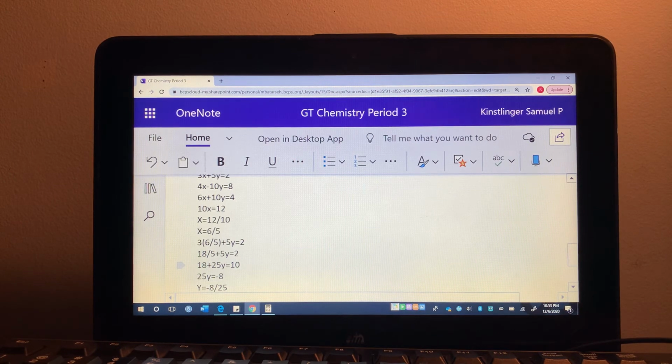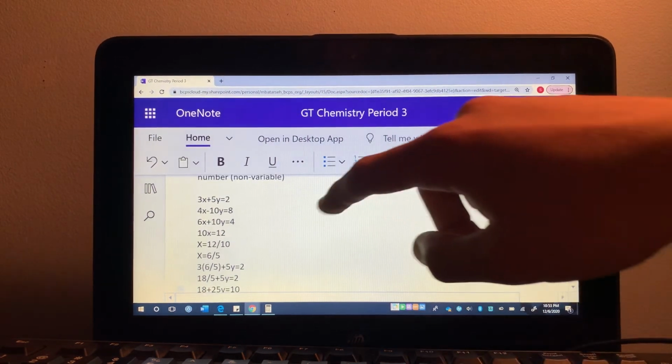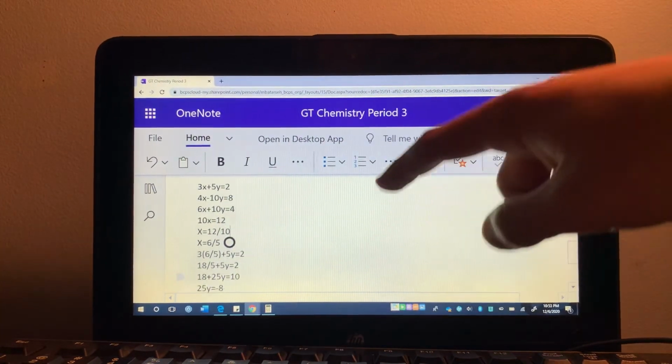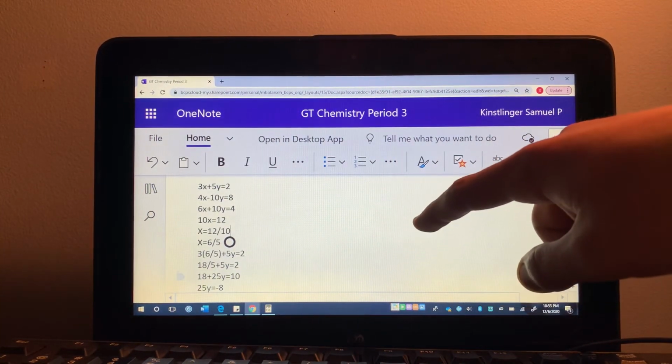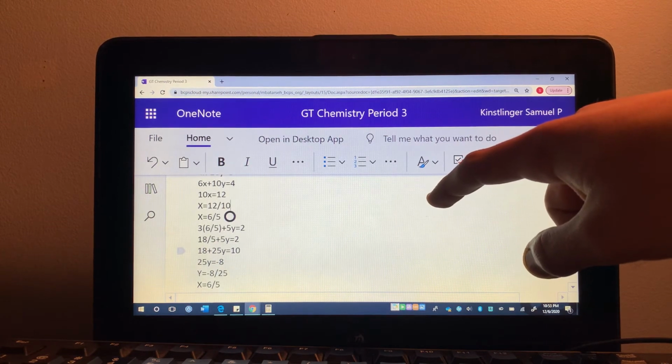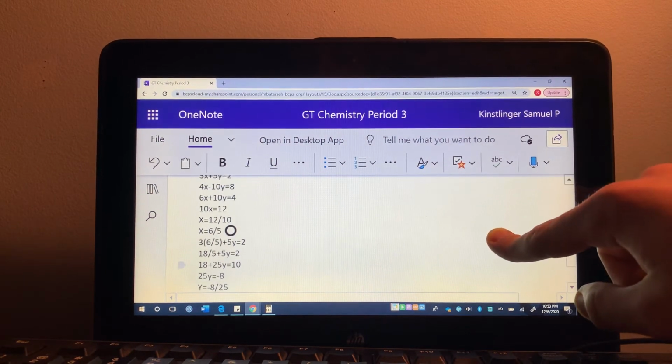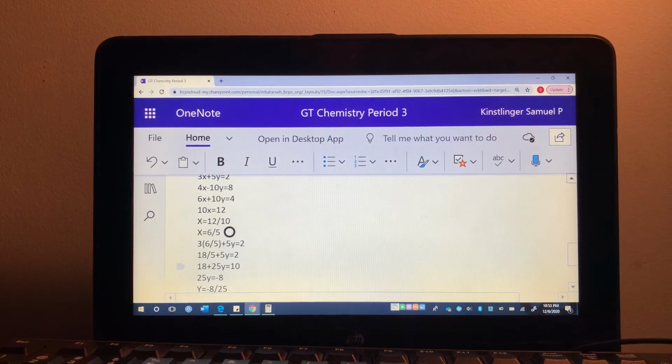So now we know that the top one and bottom one will intersect at x equals 6/5 and y equals negative 8/25. Now let's just prove this. Up here we have 4x minus 10y. So let's pull up our calculator.